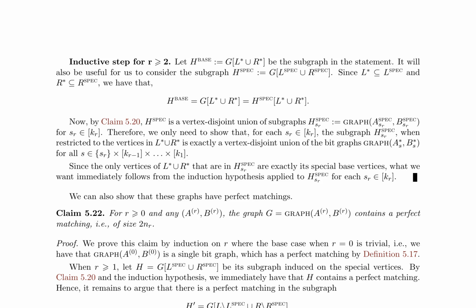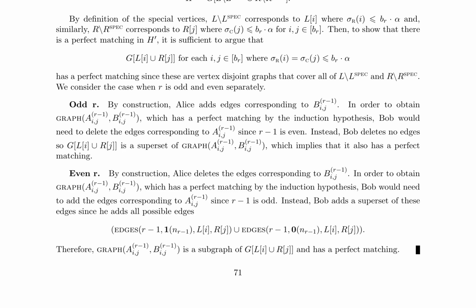The graph construction is based on special base instances and their corresponding bit graphs, which identify the bits of these instances in G. Key properties include the vertex disjoint union of subgraphs H-spec, each corresponding to a special base instance, and the identification of bits of at least n_r(1/beta minus 2 alpha r) many special base instances in A_R, B_R.